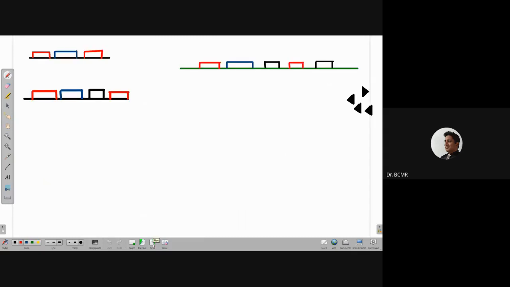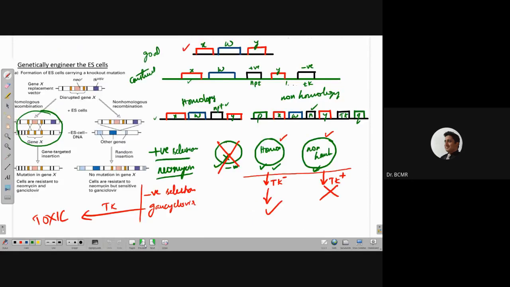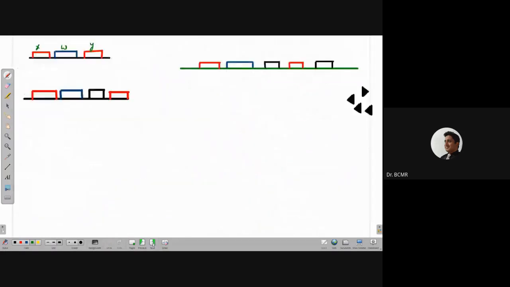Now again, as we have discussed earlier, I established that the goal is to have X, W, and Y. If you see what we got, this is what we got, isn't it? I'm just depicting the same thing in this slide.